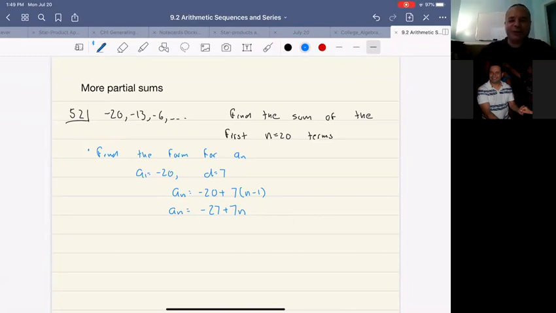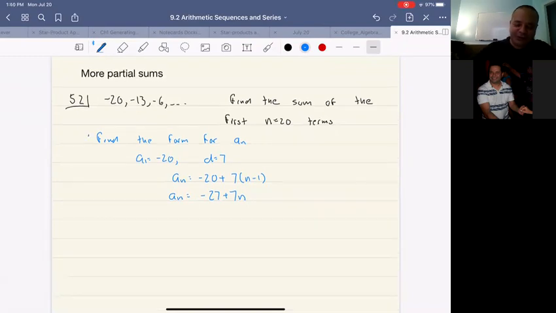All right, so sum of the first 20 terms. So we're going to take the sum, n goes from 1 to 20, of negative 27 plus 7n.